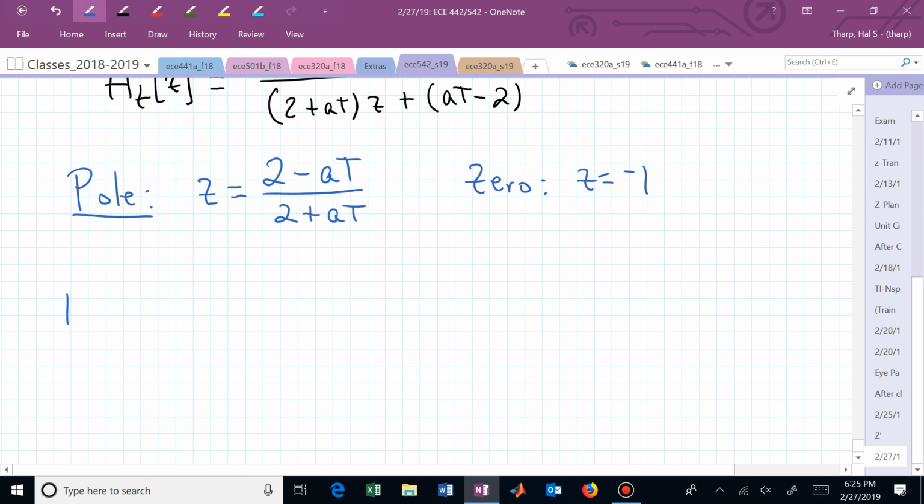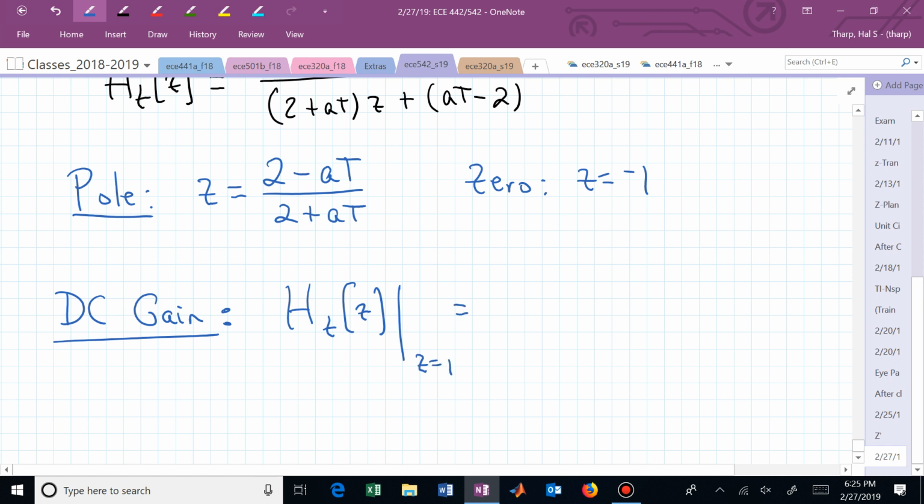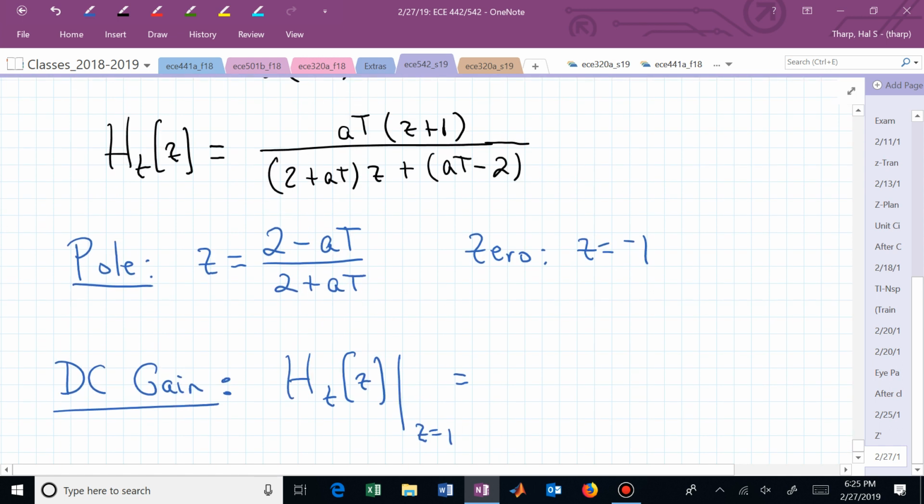What about the DC gain? Again, we set z equal to 1. And what do we have upstairs? We have 2 times AT.